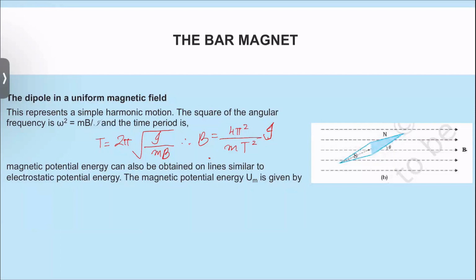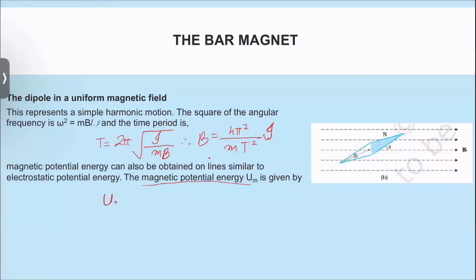We can also get another term, the magnetic potential energy, similar to how we got electrostatic potential energy when we were seeing in unit 1. So how is that given?